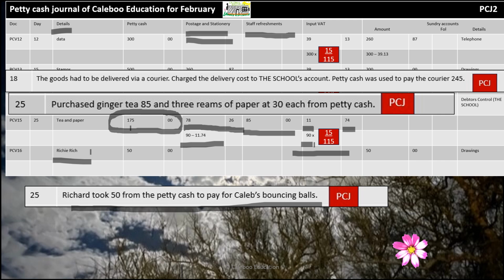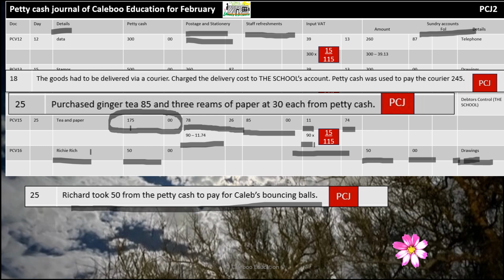Under petty cash, it's 50 Rand. This is an item. Well, I've taken 50 Rand from cash for personal use, so it is drawings. Drawings didn't have its own column, so it appeared under sundry, and the amount is 50. So I took that cash for my own personal use, and what the owner takes out of the business is known as drawings.